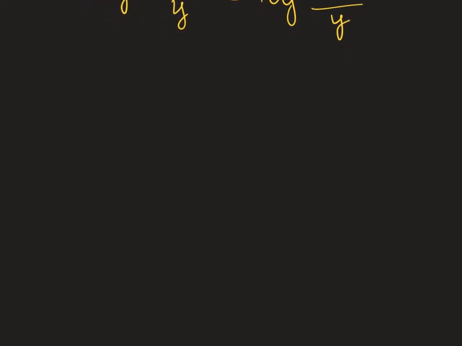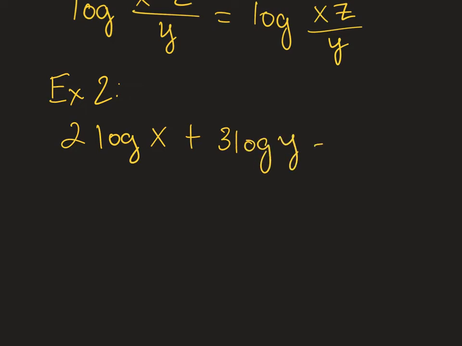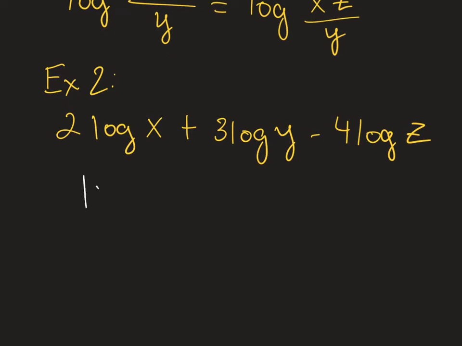Another example, example 2. The given is going to be 2 log of x plus 3 log of y minus 4 log of z. So we want to condense this. How do we condense this one? We're going to bring forth the numbers in front.